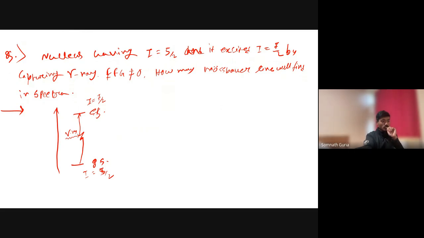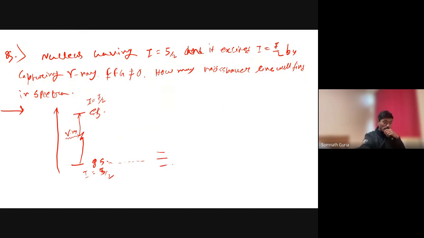As it is I equals 5 by 2, there will always be non-zero EFG, and it will be split into three different lines, 1, 2, 3.